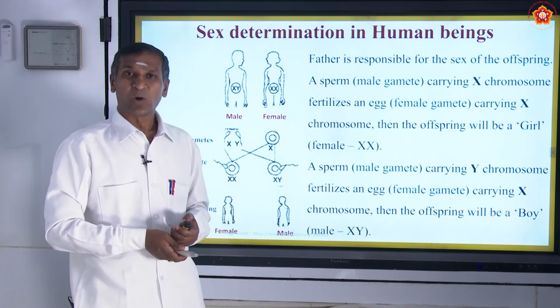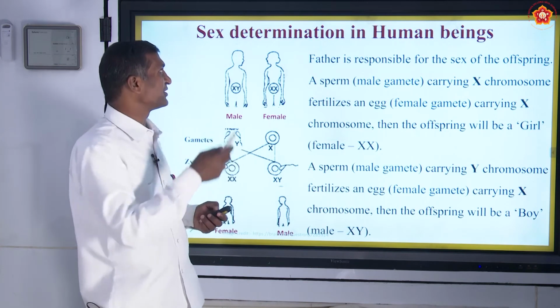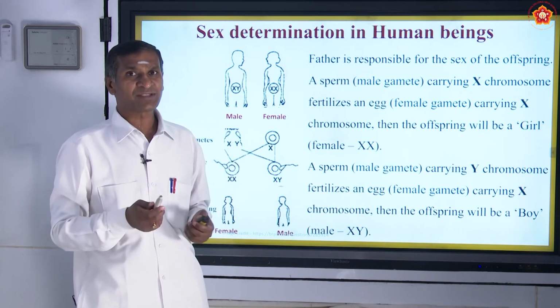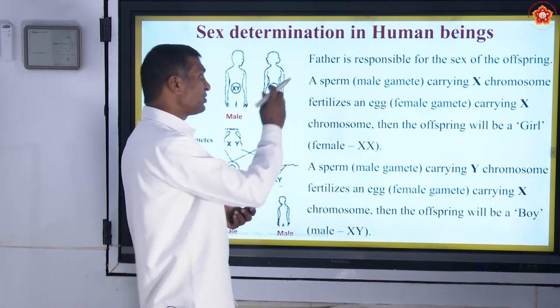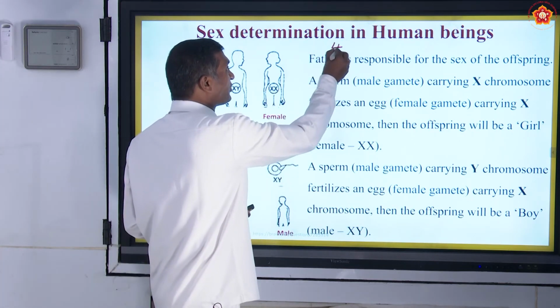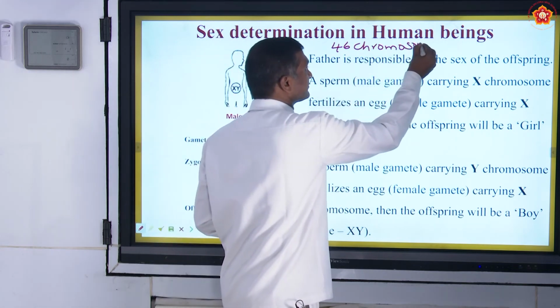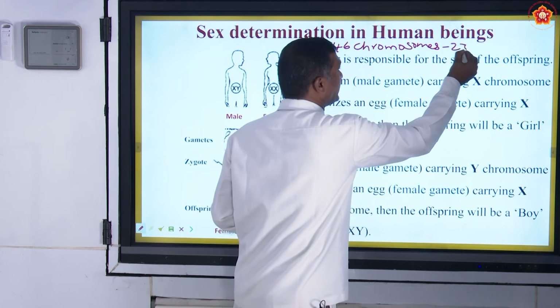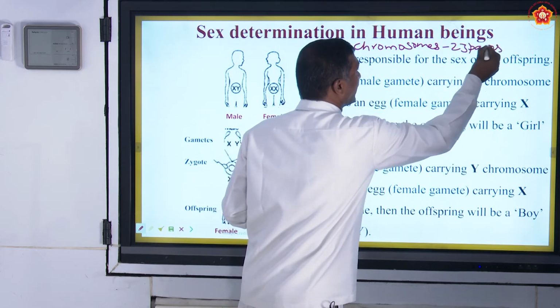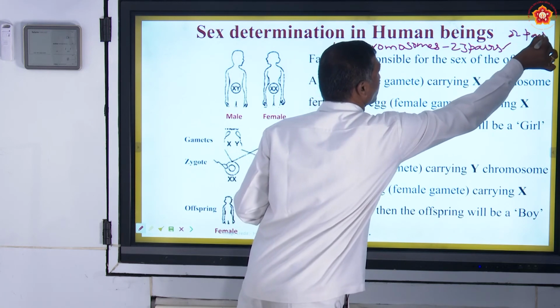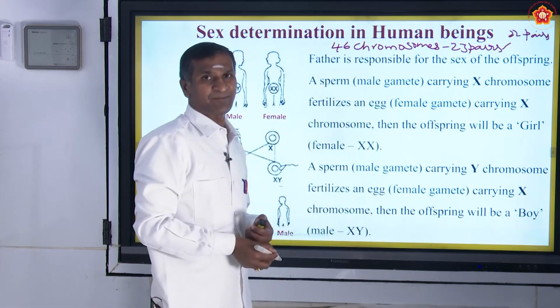So, hoping that you have understood how to determine the sex in human beings, because I already told you all, even though human beings have 46 chromosomes, which is nothing but 23 pairs, where we all know that 22 pairs are autosomes, which are both in male and female.